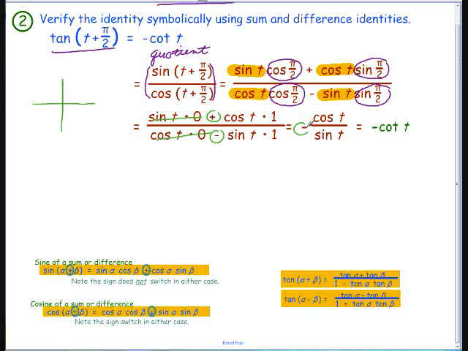So overall we have a negative cosine t over sine t. And of course this is a quotient identity, which is equivalent to cotangent of t. So there it is. We've shown it step by step.